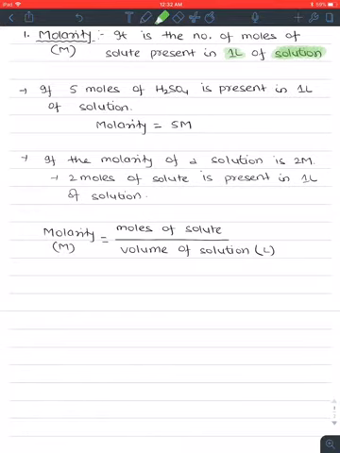This formula you have to remember: molarity is moles of solute divided by volume of solution in liters. Now let's try to do some problems on this formula, then it will become more clear.